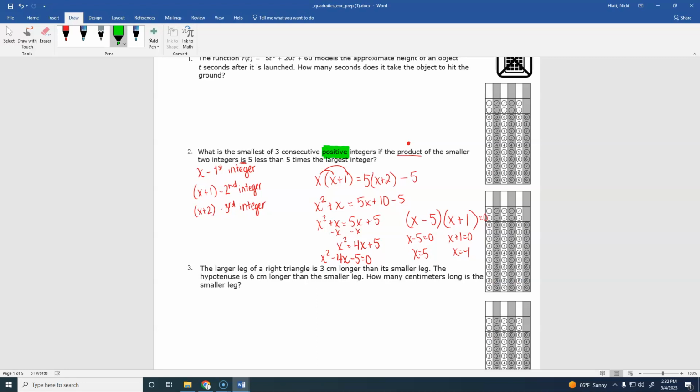They are positive, right? So what this is telling me is I either have -1, 0, and 1, or I've got 5, 6, 7. So, because this is just the smallest integer, I'm not going to use this one. I'm going to use 5 instead. And it wants to know the smallest integer, so it's 5. Right there.